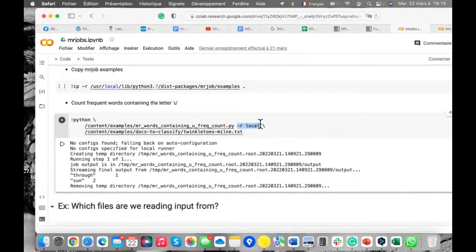Anyway, this tells the engine where to execute, where the processes generated by the Hadoop engine will run. In this case, they're running in a standalone context. And then here we are giving the path to the input of the program.